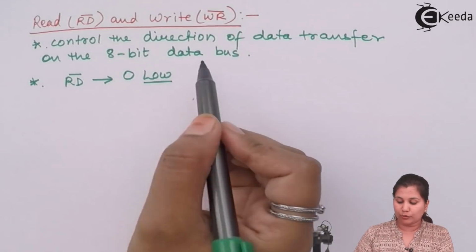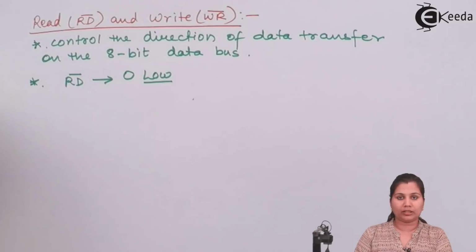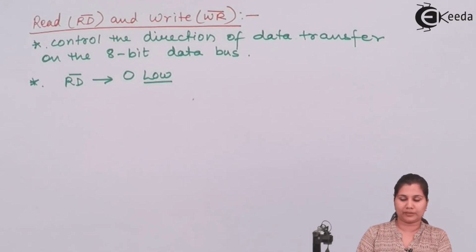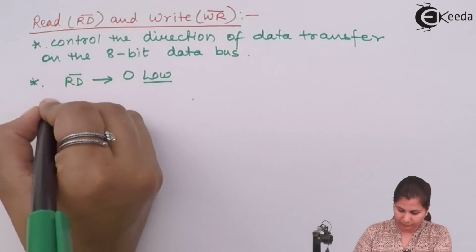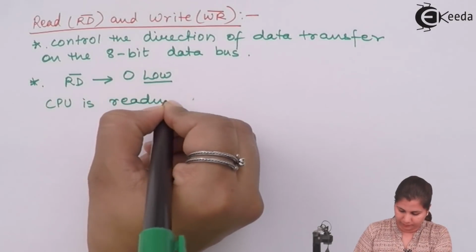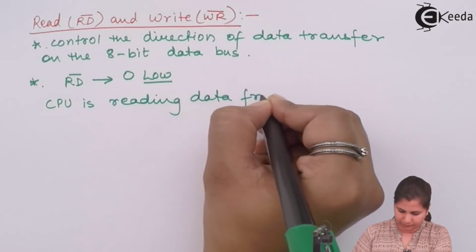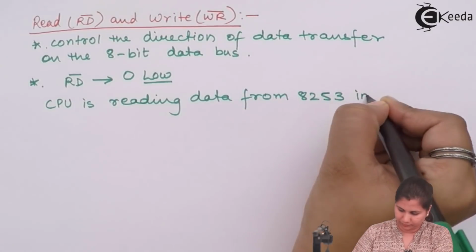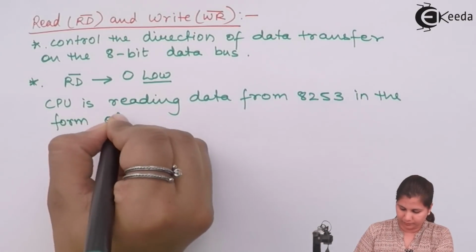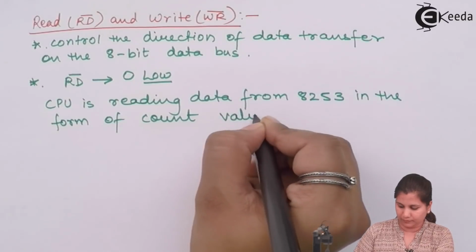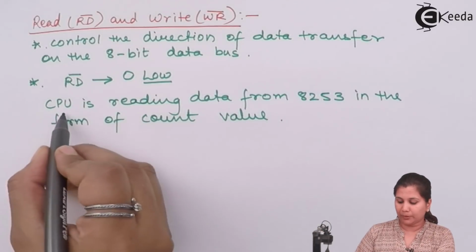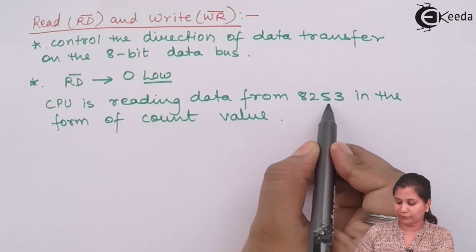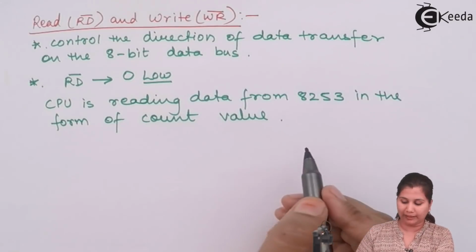So the data is going to transfer from the counters, or from the 8253 IC, to the microprocessor. When this is low, the CPU is reading the data from the 8253 in the form of count value.